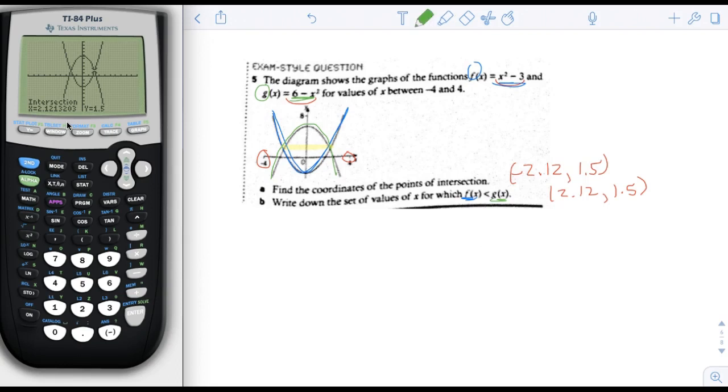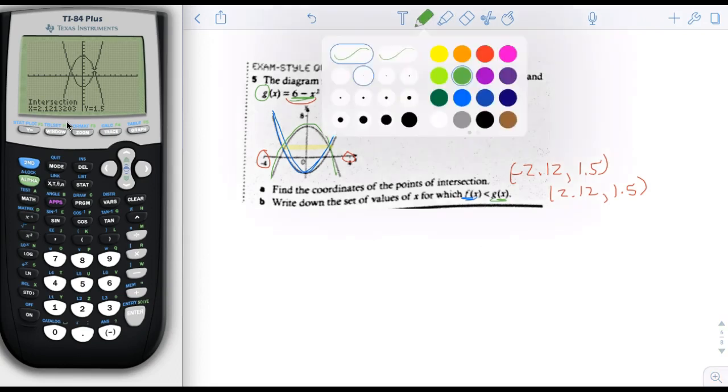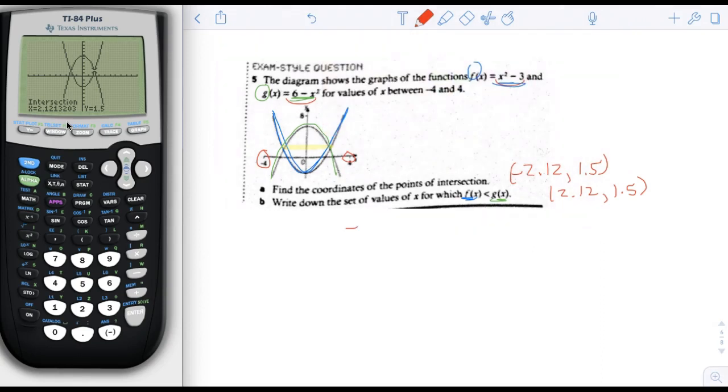So the answer would be between negative 2.12 and 2.12. Between the two limits, the x value makes the blue parabola less than the green parabola. Okay?